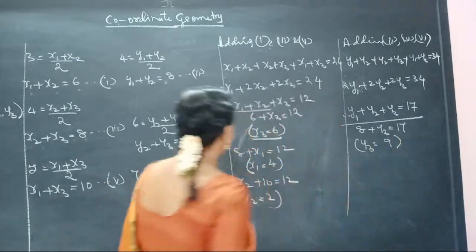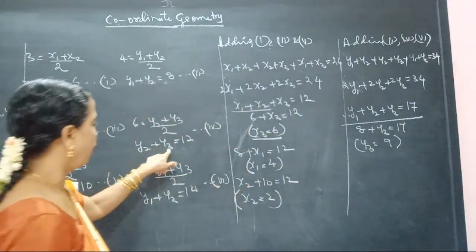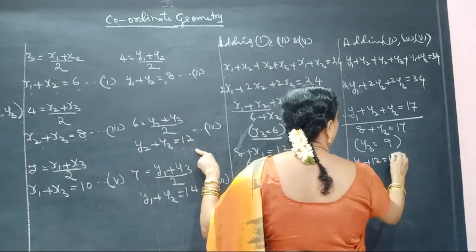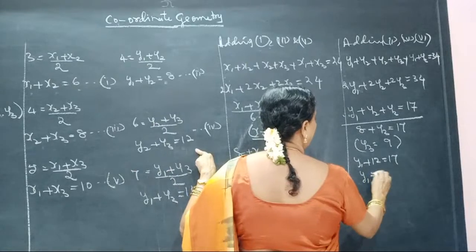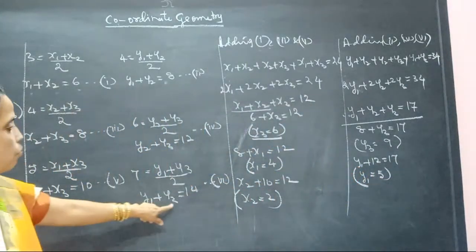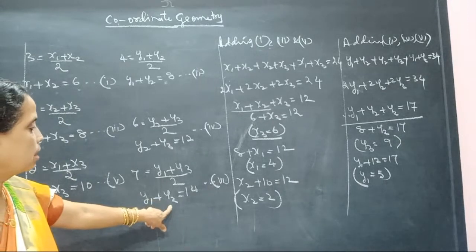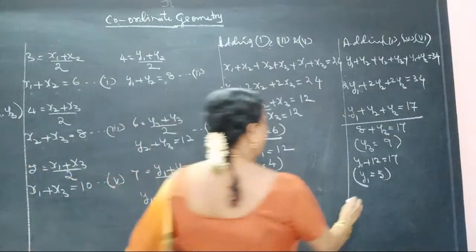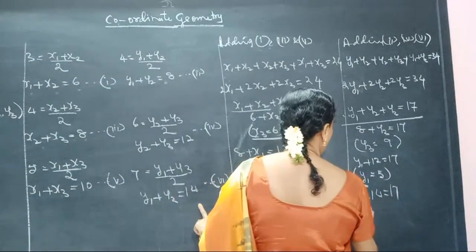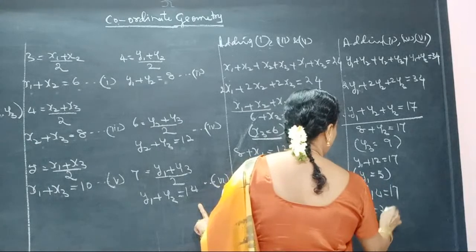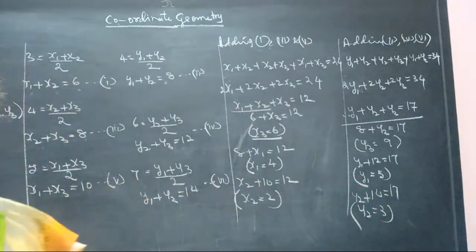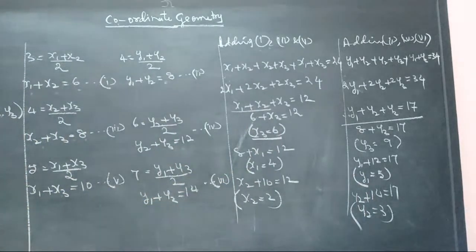Then y2 plus y3 is 12, so y1 plus 12 equals 17, y1 equals 5. y1 plus y3 equals 14, so y2 plus 14 equals 17, y2 equals 3. So we have x1, x2, x3, y1, y2, y3 separately.